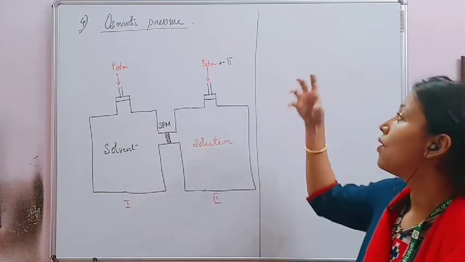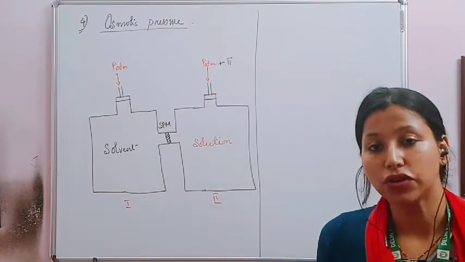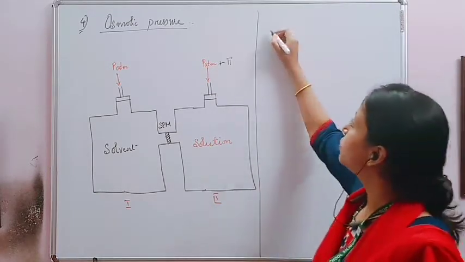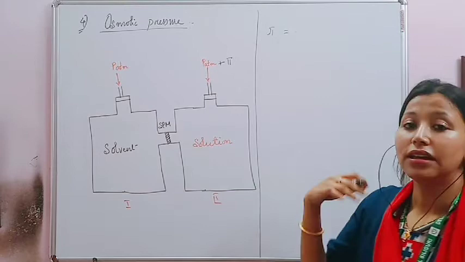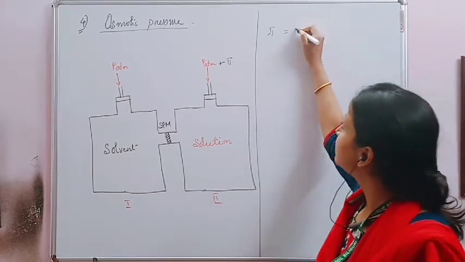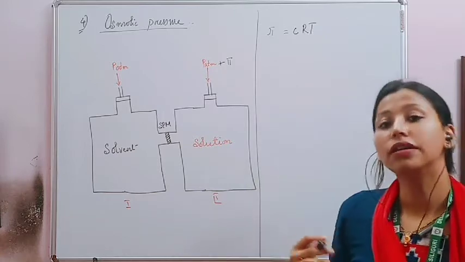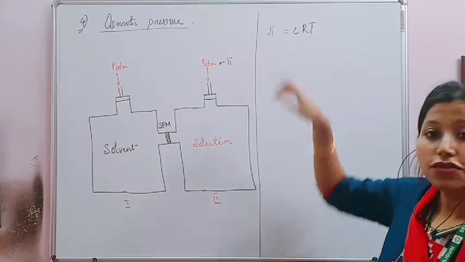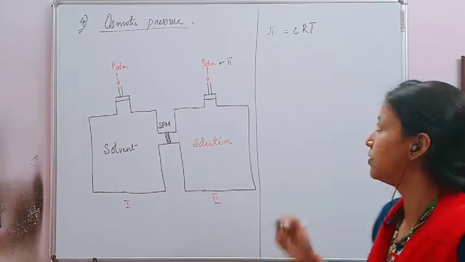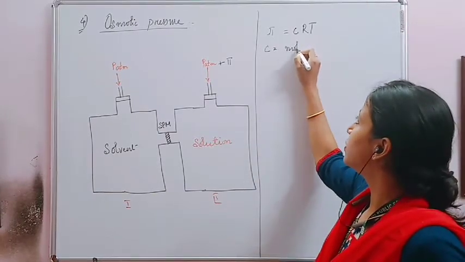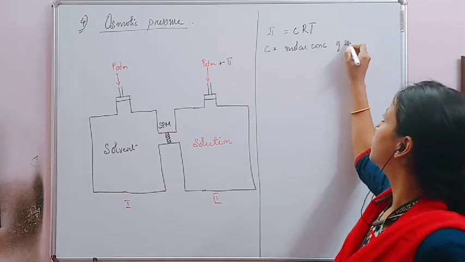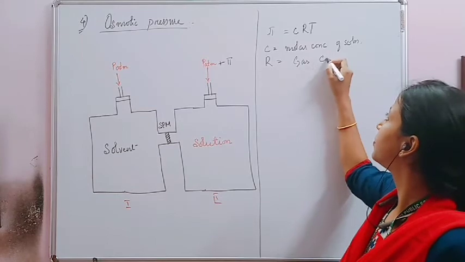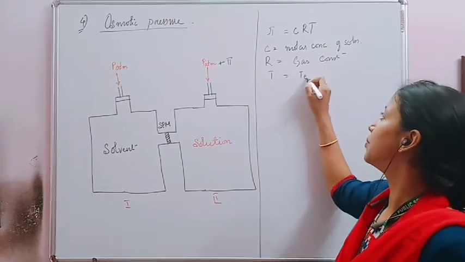Done? Now, how do we relate osmotic pressure to colligative property? Let's see. It was Van 't Hoff who found that osmotic pressure pi is given by the relation pi = CRT for dilute solutions. Okay? He found that the osmotic pressure is equal to the molar concentration of the solution. That means C is the molar concentration of the solution, R, all of you know, is the gas constant, and T is the temperature.